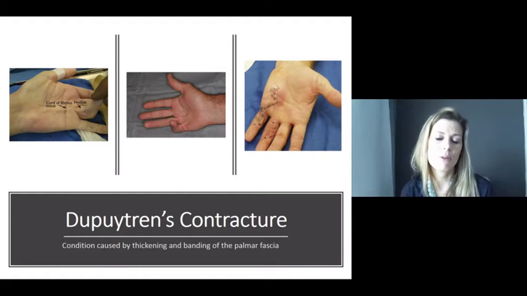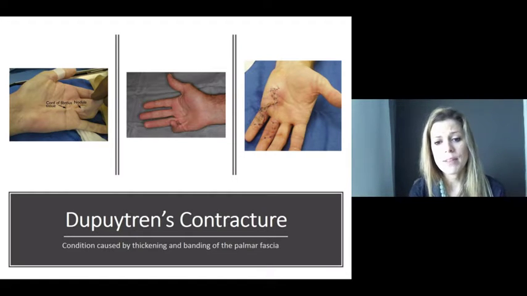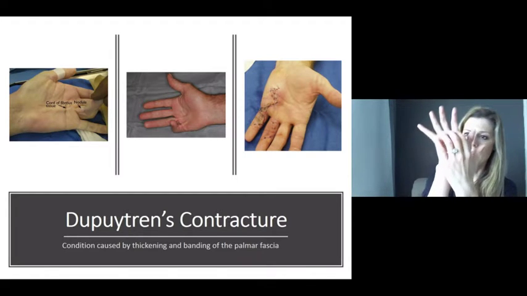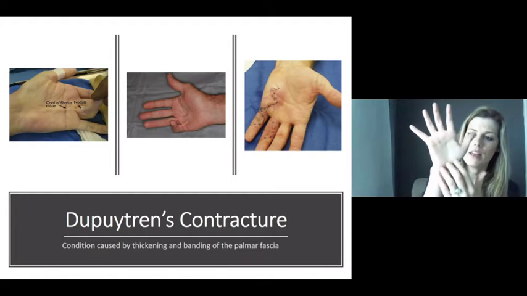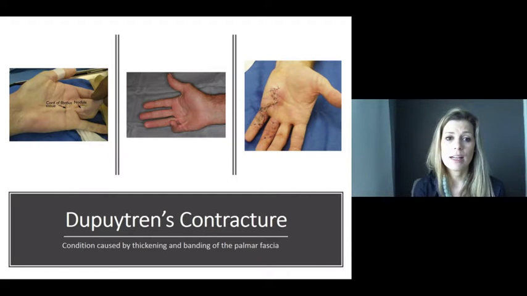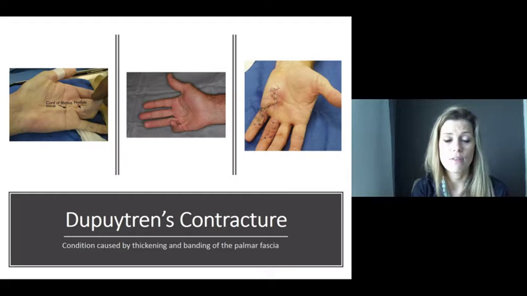Some other anatomical structures within the hand to be aware of. The palmar aponeurosis. This is a part of tissue that is a palmar fascia within your hand, and it provides support to the hand. And in some clients, you can have it become diseased and have a contracture of that part of the soft tissue.